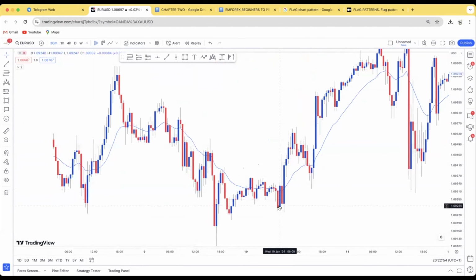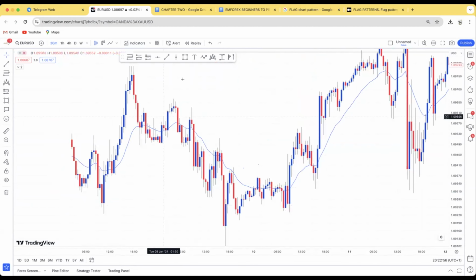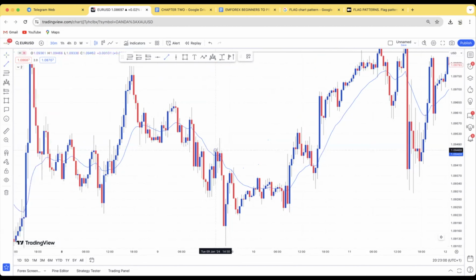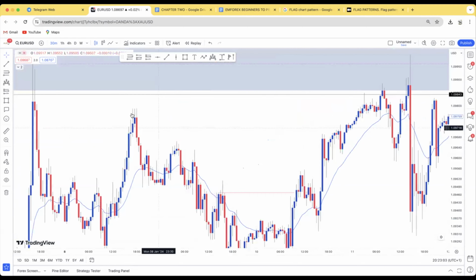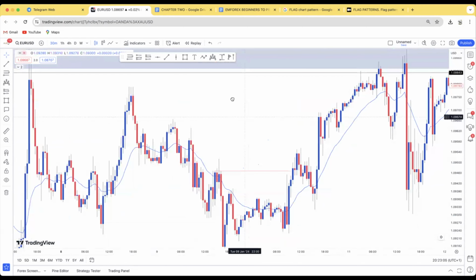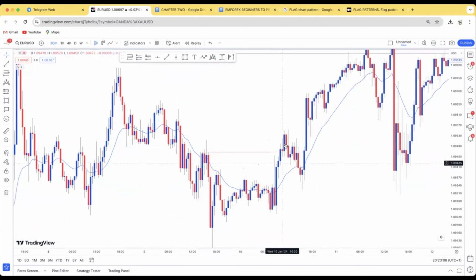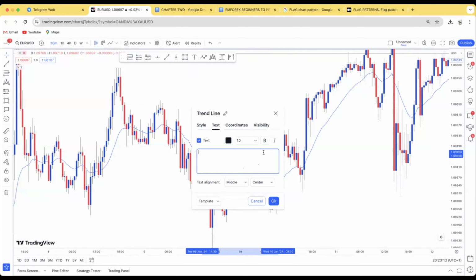Now here, what I'm actually identifying is that we had a shift in market structure, or a change of character as the case may be, because price was creating a bearish move, and then all of a sudden we had a shift creating a higher high. Remember, this is a CHOCH.